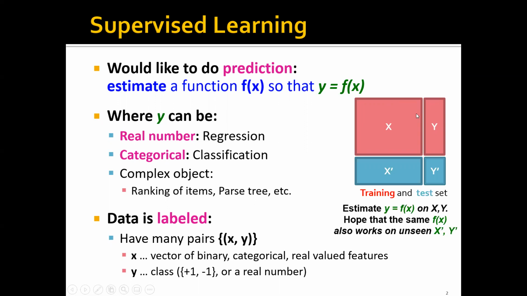The goal of supervised learning is that we are trying to estimate a function f on the training data x and y, and we hope that this same function f would also work on the unseen data x prime and y prime.